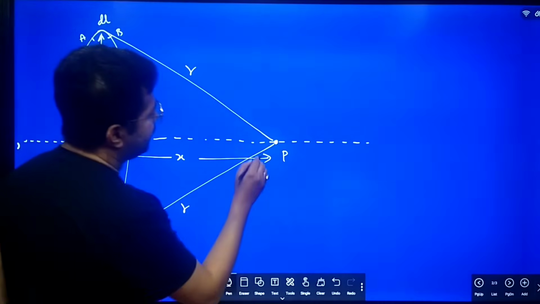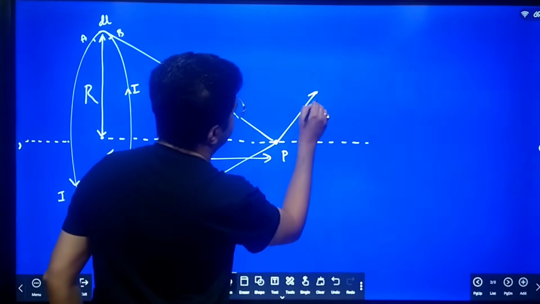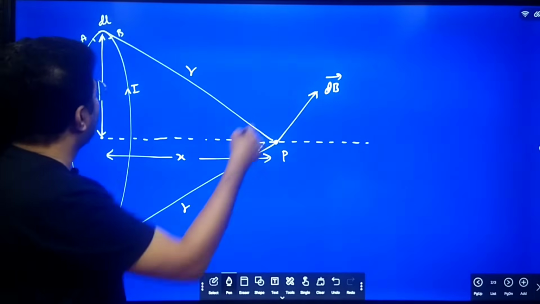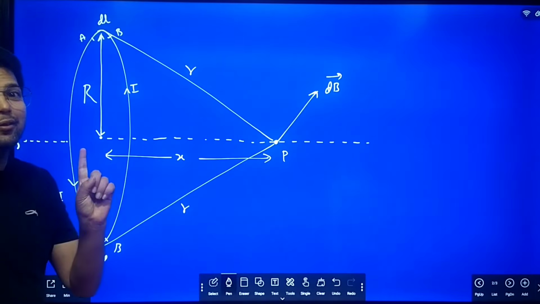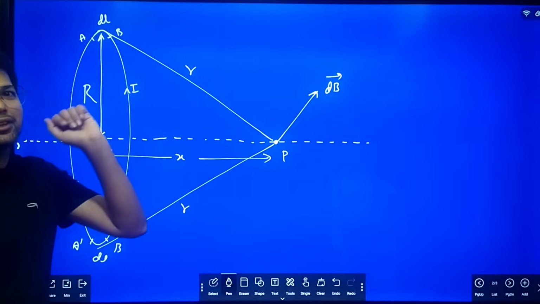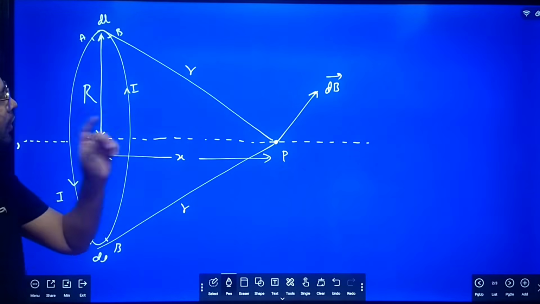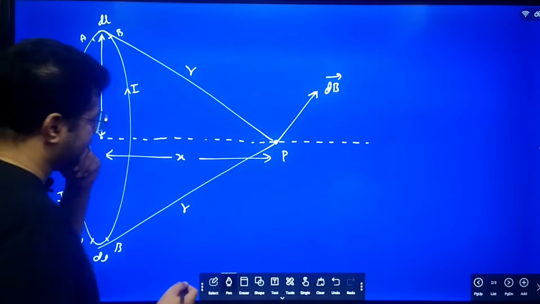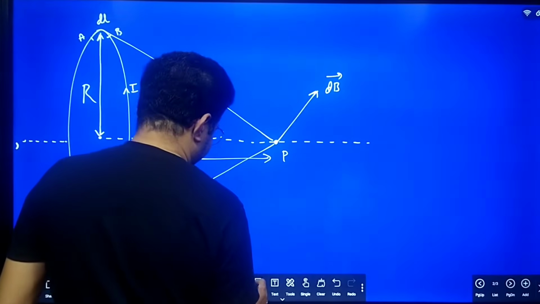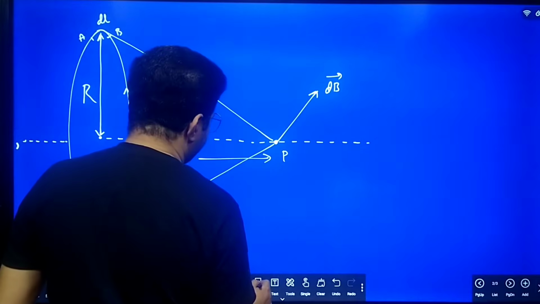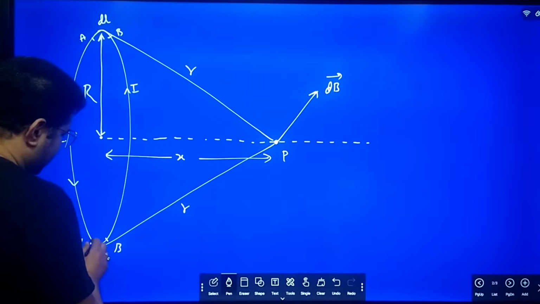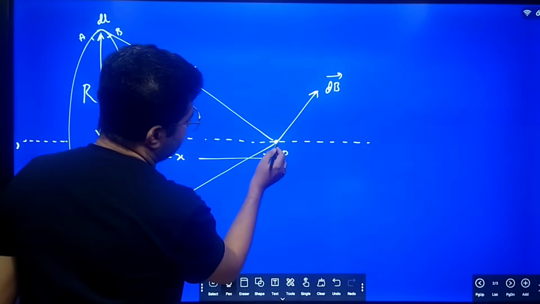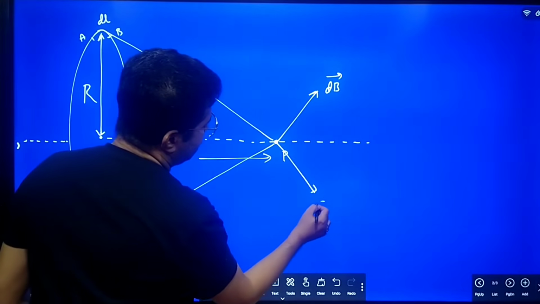Now what is the direction of the magnetic field here? The magnetic field is in this direction, because the small magnetic field produced should be perpendicular to this r and the current element, since dB is proportional to dl cross r. It's a cross product, so the angle between r and dB should be 90 degrees. This other current element also produces some magnetic field, which I call dB prime.